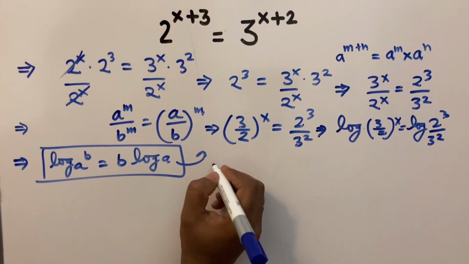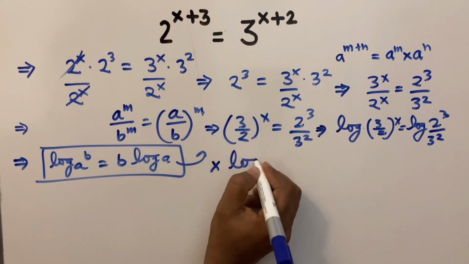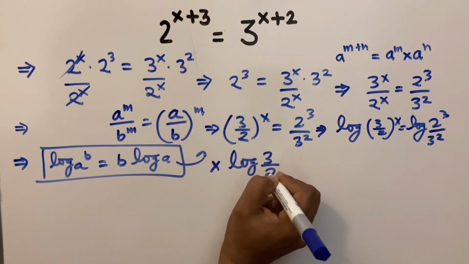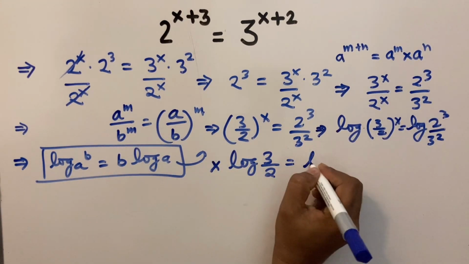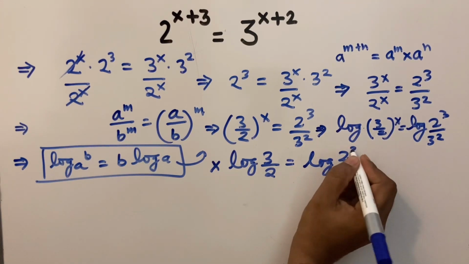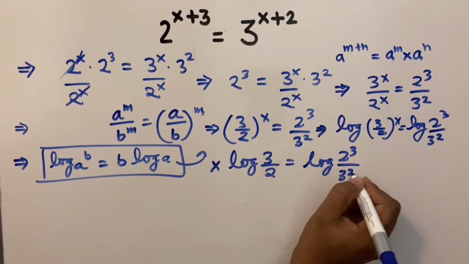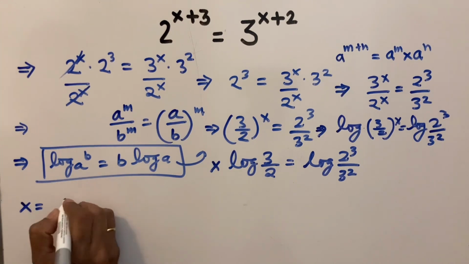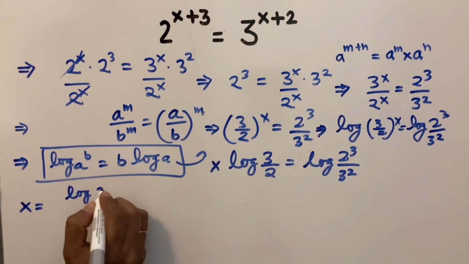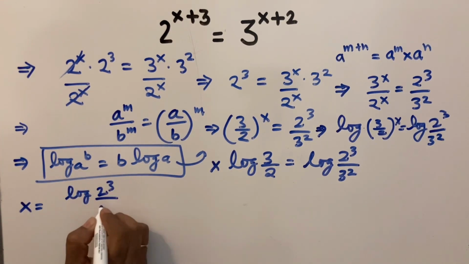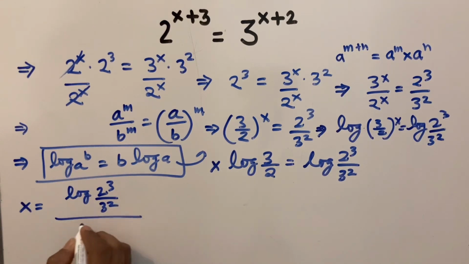Then the equation becomes x log (3 by 2) equals log of 2 to the power 3 divided by 3 to the power 2. X becomes log of (2 to the power 3 divided by 3 to the power 2) whole divided by log (3 by 2).